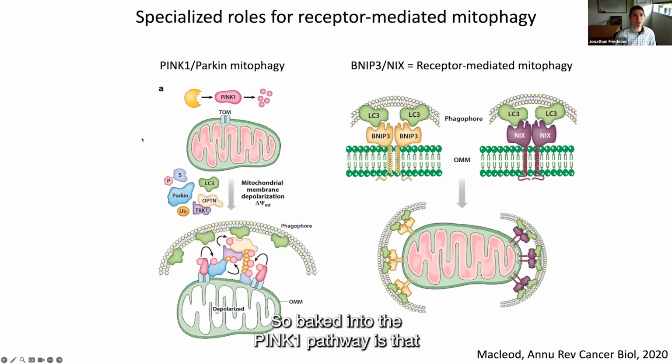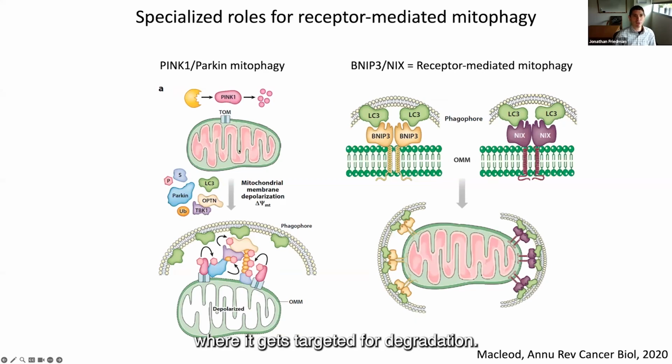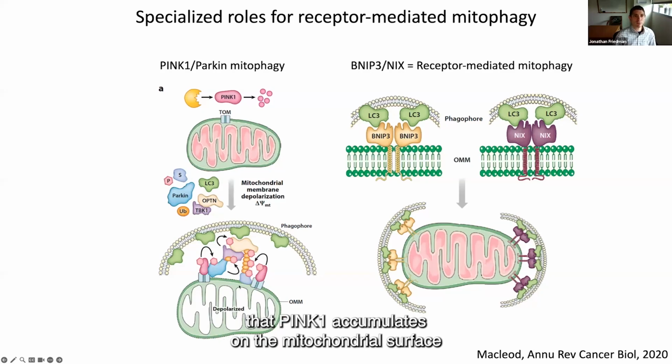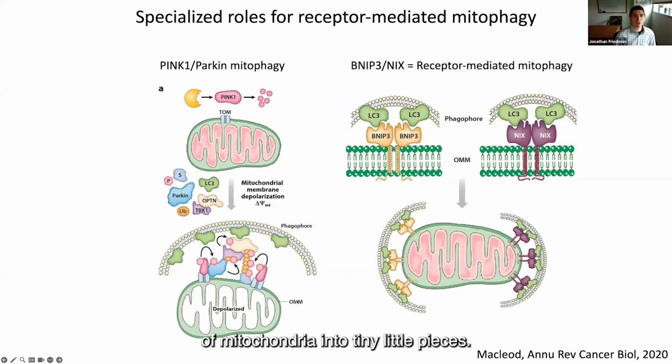So baked into the PINK1 pathway is that PINK1 gets imported into healthy mitochondria where it gets targeted for degradation. And then, at least pharmacologically, when we depolarize mitochondria, that PINK1 accumulates on the mitochondrial surface and leads to this cascade of events that allows for mitochondria to get targeted for mitophagy. And also that this is coupled to the fragmentation of mitochondria into tiny little pieces.